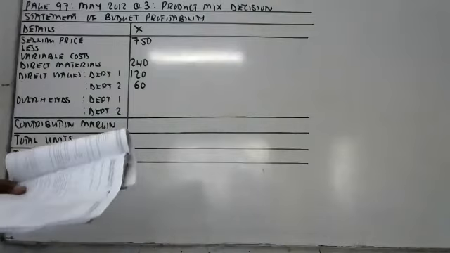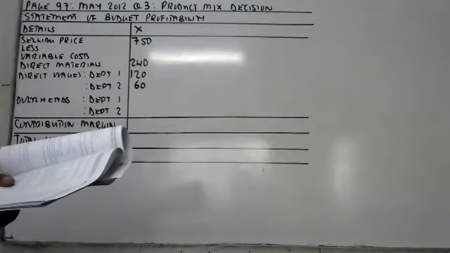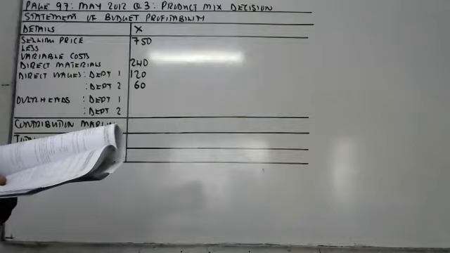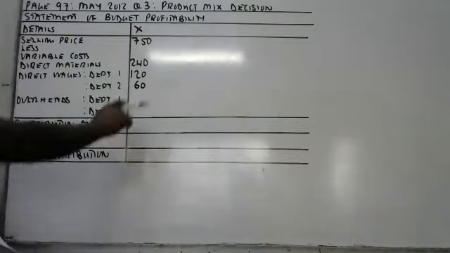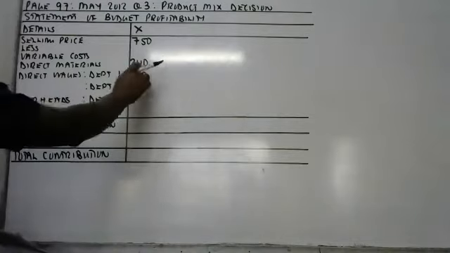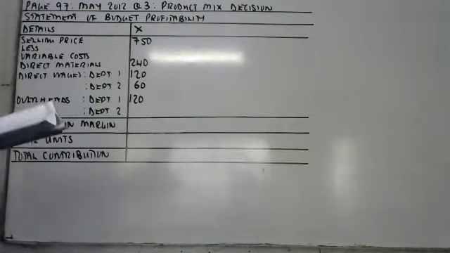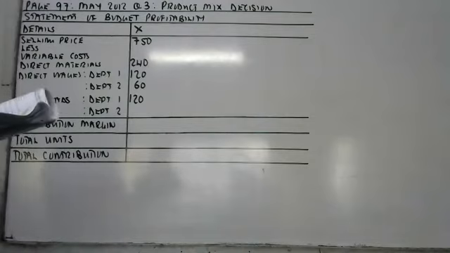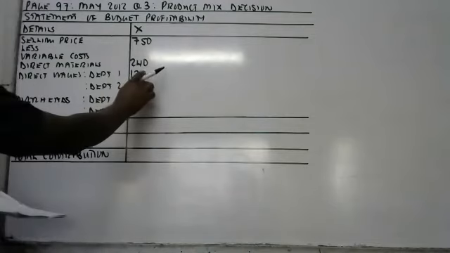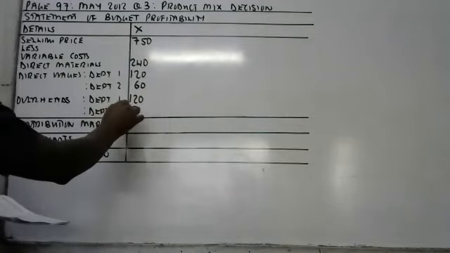Alafu tukienda kwa overheads, tunaambiwa overheads are 100% in department 1. So 100% of this 120 is 120. And they are 50% in department 2. So 50% of these 60 is 30.